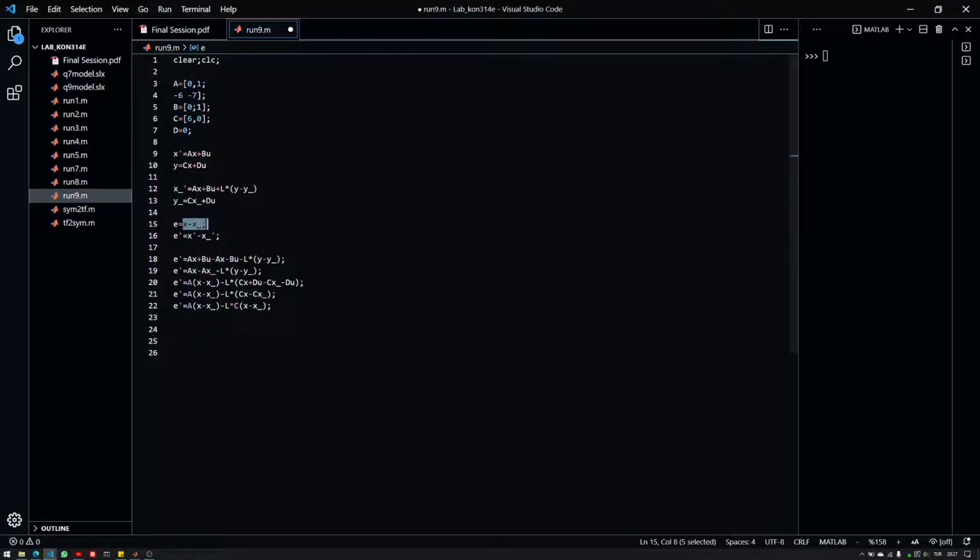And I know that x minus x underscore is basically the error itself, so we end up with Ae minus LCe, or (A minus LC)e.